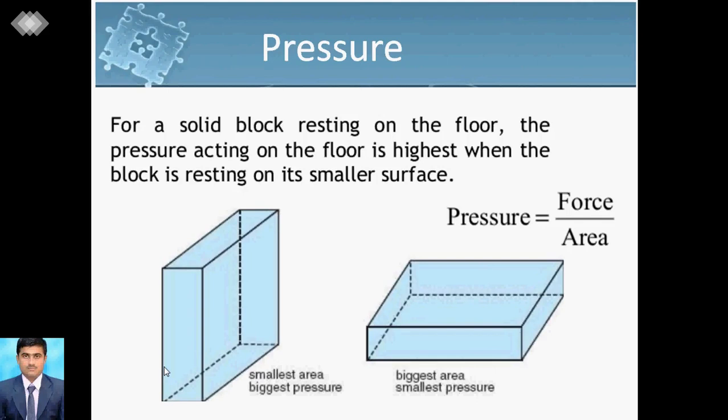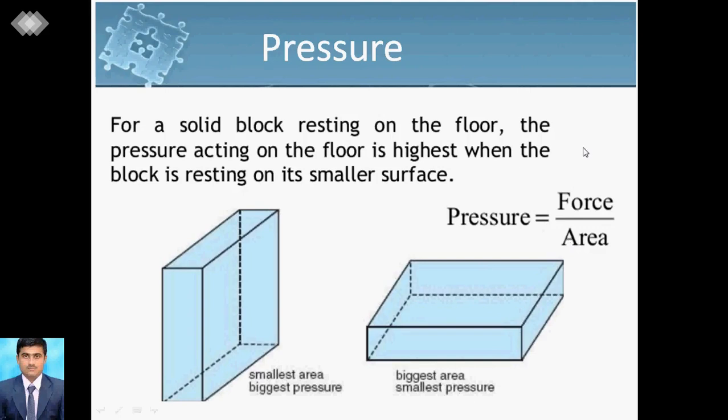In the first condition the smallest area is occupied, so the pressure is the biggest. But in the second figure the area is the biggest, so the pressure is the smallest. So this is the relation between pressure and area, which is inverse.